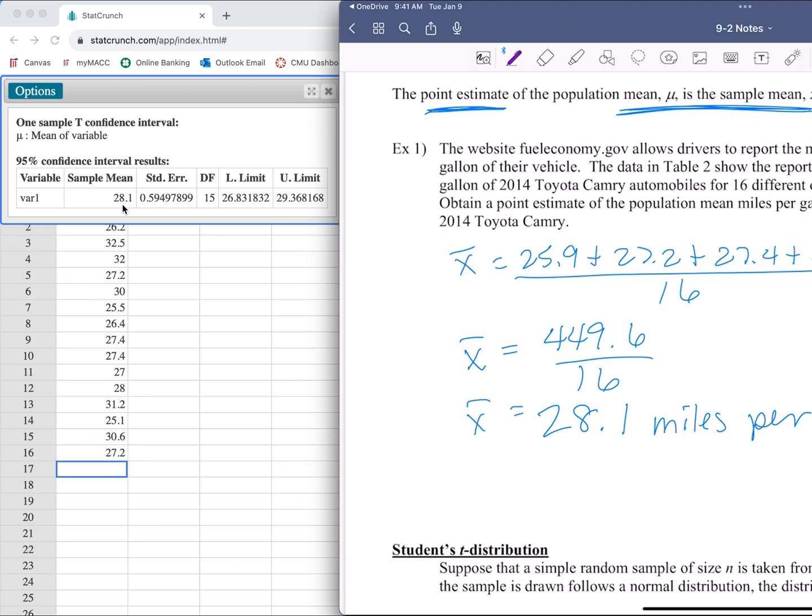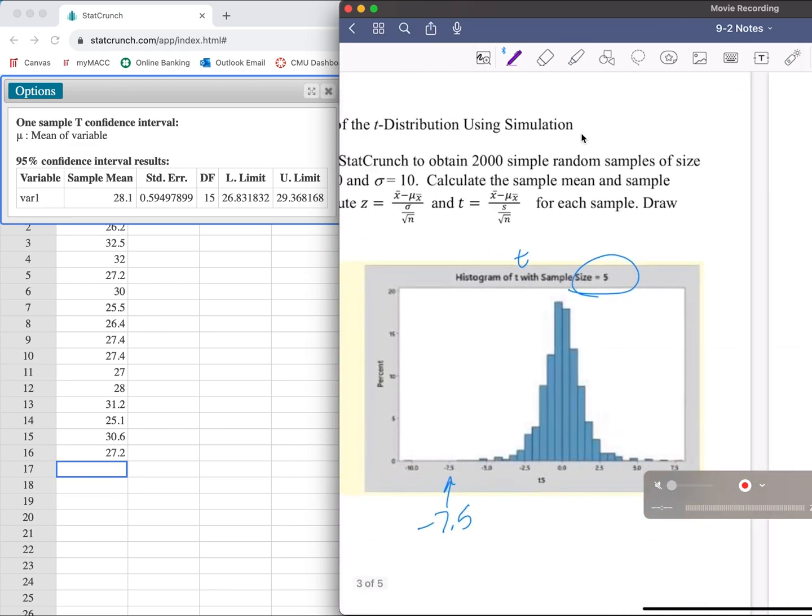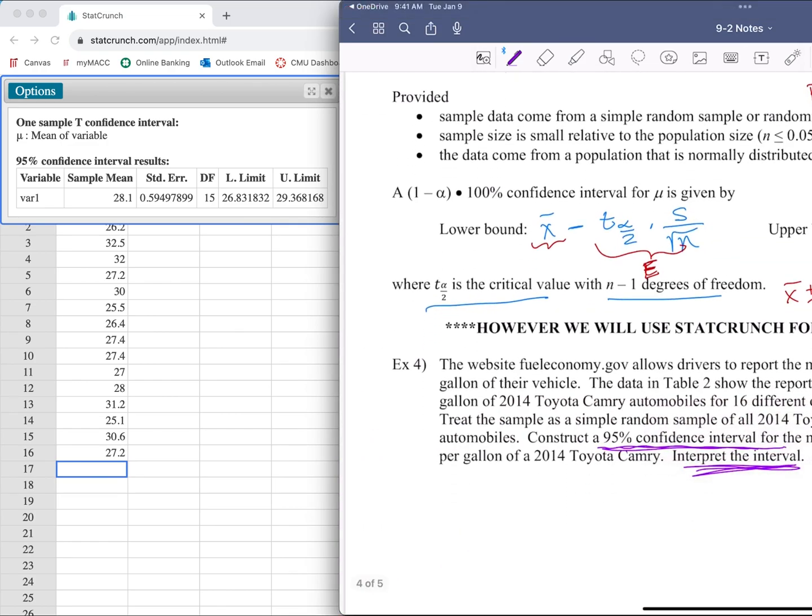I'm pointing this out because we hadn't talked about confidence intervals yet, so I hadn't pulled up StatCrunch. But anytime you have this problem, if it's given to you in the summary, then you already have that. But you can also get your sample mean from here, just so you know. All right? Okay.